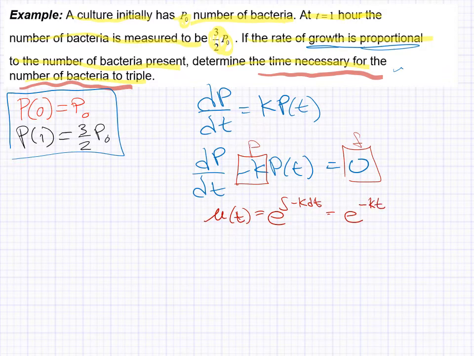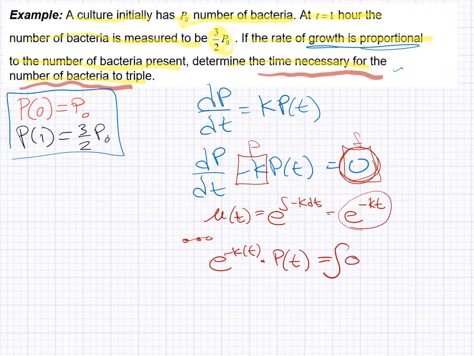Remember, we skip a couple steps in our linear process. We get to the point where we would have the integrating factor times the dependent variable. So that would be e to the negative kt times P of t equals the integral of this function, which is 0, times the integrating factor, so that is the integral of 0. So what do we get here?